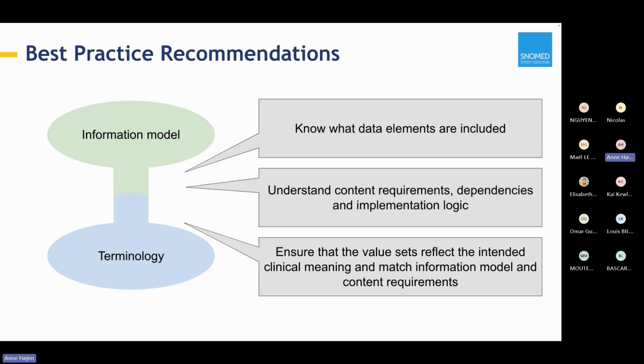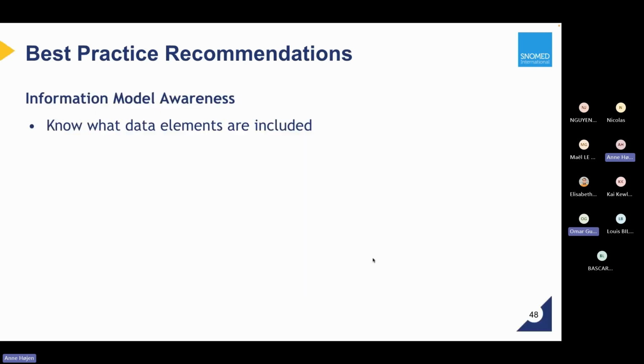Is there any logic or dependencies between the data elements in your model, and how should this logic affect the bindings that you do? And then a very important one is, of course, that you make sure that the value set reflects the intended meaning and match the content requirements you have.